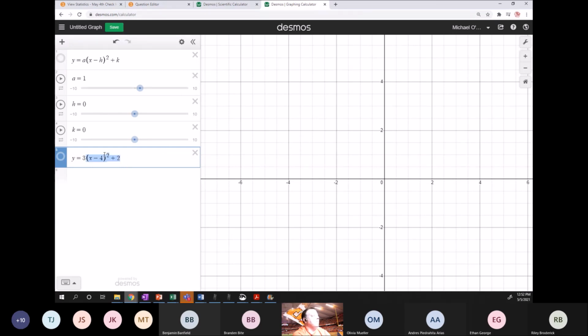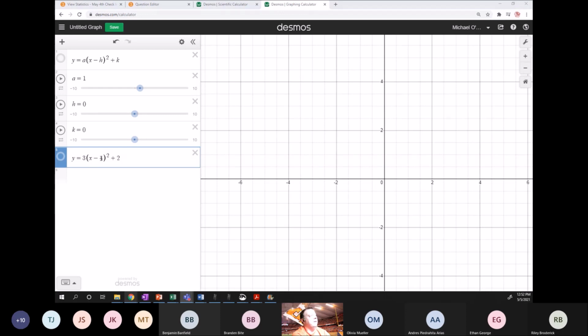So here's my question to you. In chat, can you tell me how this is going to be shifted horizontally? Is it going to be shifted to the left or to the right horizontally? And how many spots horizontally?